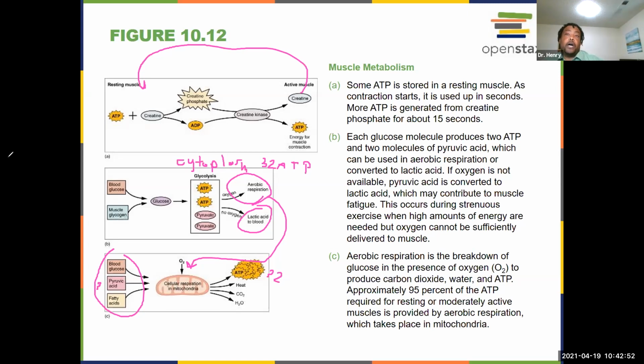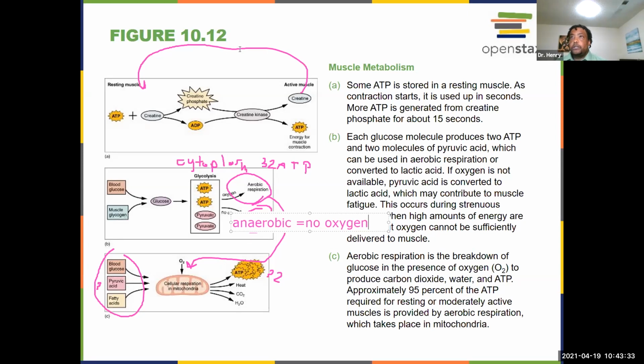Anaerobic respiration is when there's no oxygen. Are we good? So anaerobic respiration only leads to 2 ATP being generated. Aerobic respiration leads to a lot more, tons, 32, from a single sugar molecule.